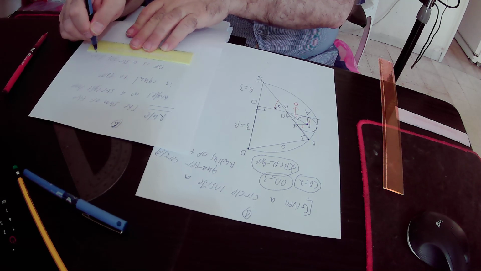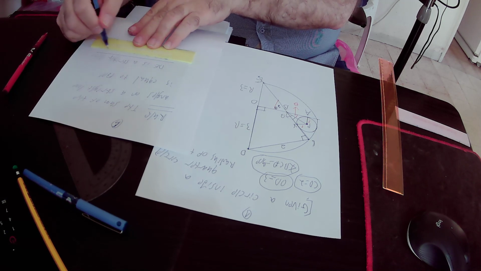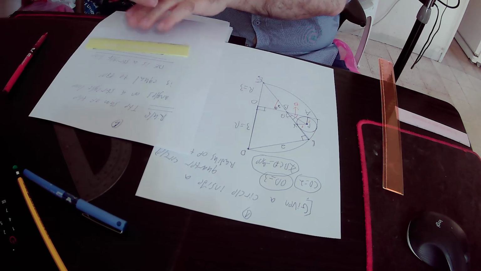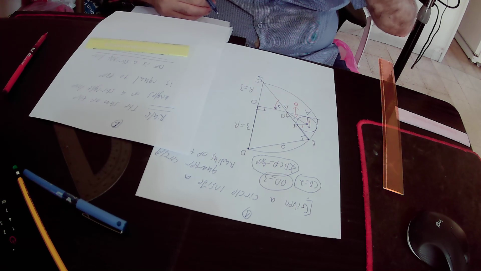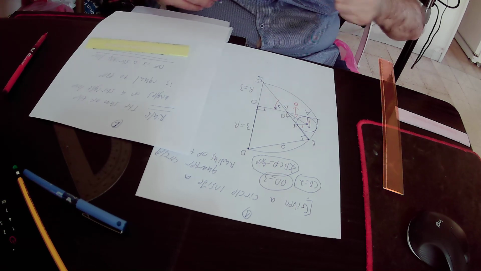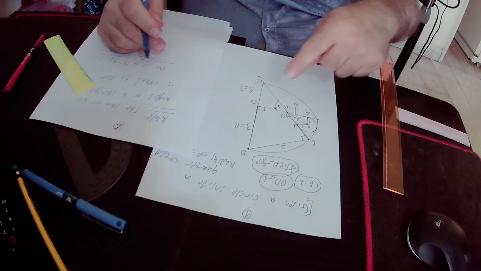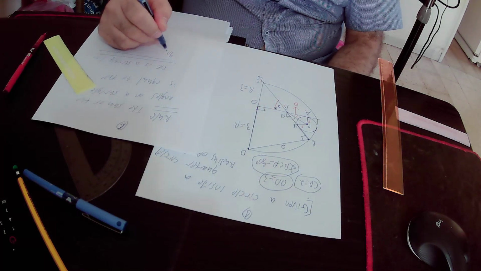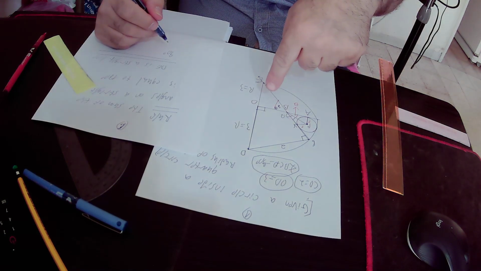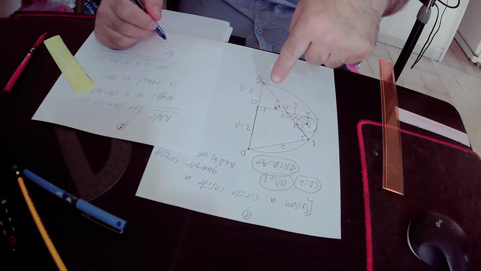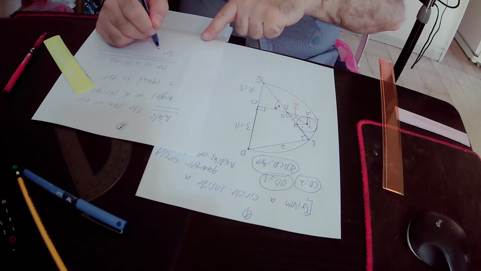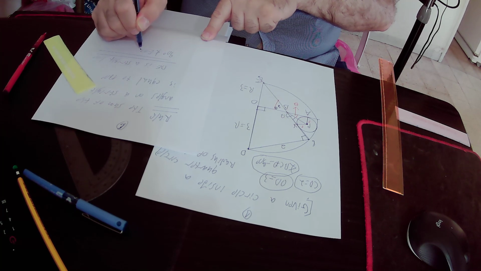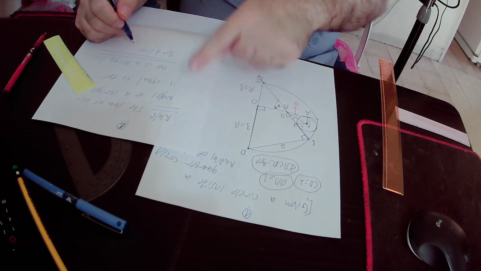So if we focus on the straight line DE at point O, the sum of the angles must be equal to 180 degrees. So at point O we have a right angle. This is a right angle, so it is 90 degrees, plus the size of angle EOB must be equal to 180 degrees according to this rule.